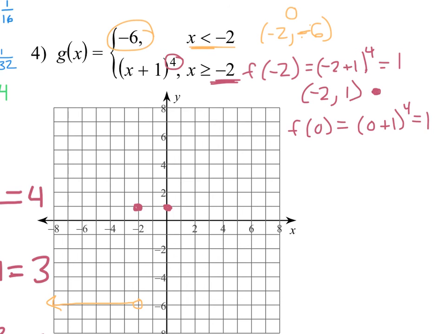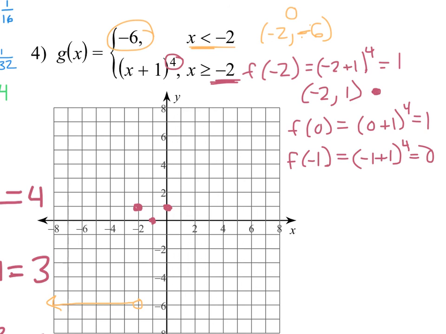I know something's going to happen in between these 2 points, so I'm going to plug in negative 1. So we have f of negative 1, negative 1 plus 1 to the 4th power is 0. So we're going to have a point right there.